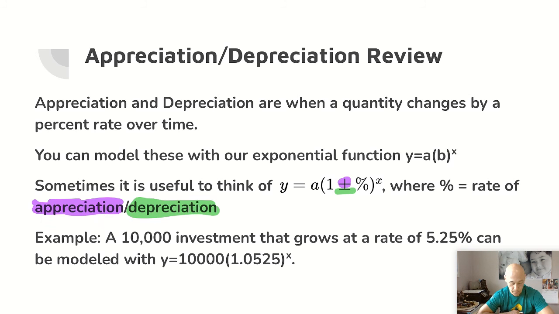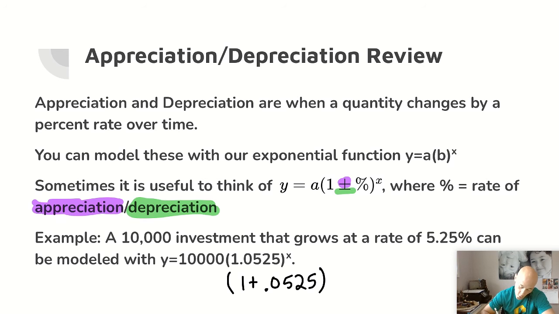As an example, let's suppose that we're investing $10,000 that grows at a rate of 5.25%. And we can model this with 1.0525. Now I want to break that down so that we see a little better that it's 1 plus something, and it's 0.0525.